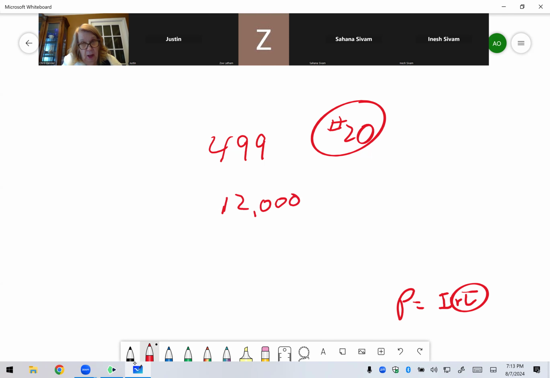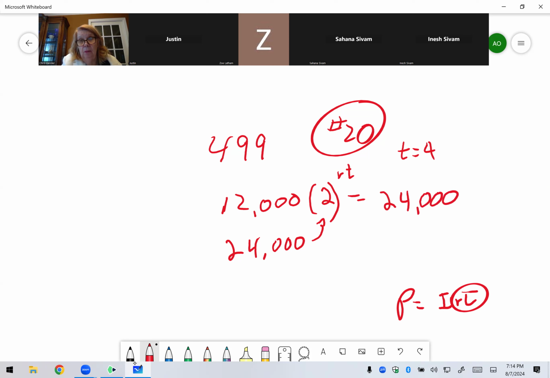We know they want to double it to get to 24,000. So we have 2 to the RT, and we know that T is 4, and that all equals 24,000. They just want to know what R is.